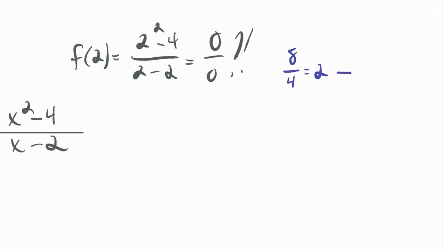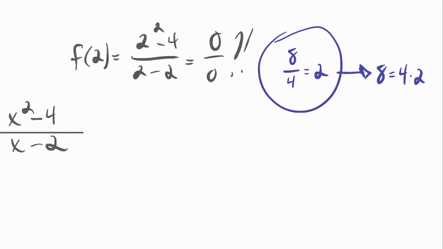There's a couple ways to think about it, but one way is to think about the related equation 8 equals 4 times 2. The reason that 8 divided by 4 is 2 is because 4 times 2 is 8. That's basic kindergarten, first grade arithmetic. When you learn multiplication, you learn via repeated addition, and you are required to memorize multiplication tables.